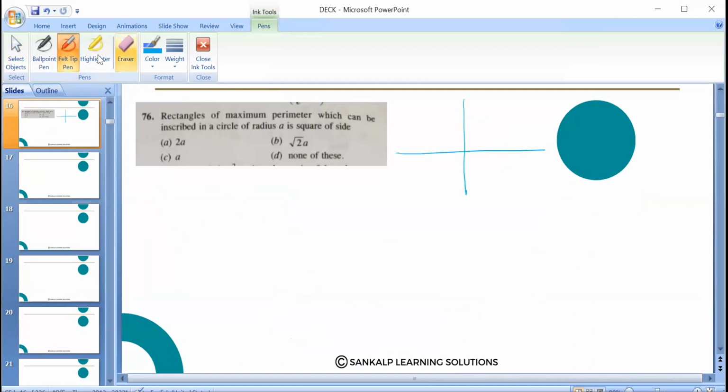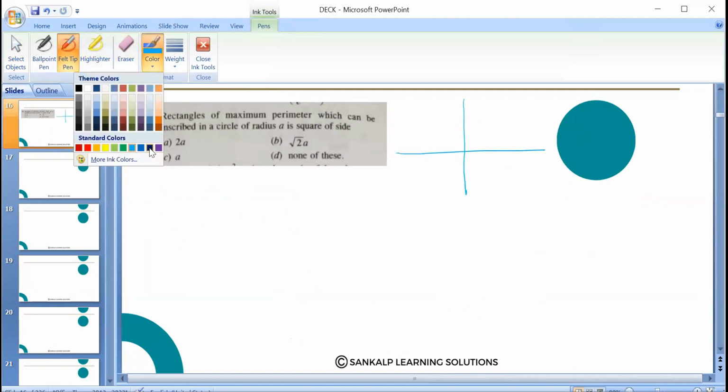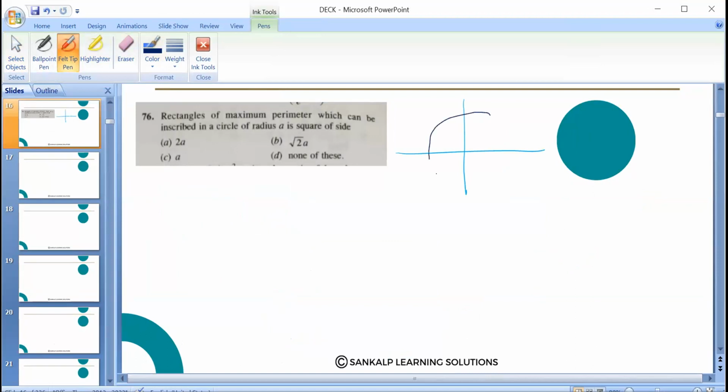So first of all, we will take a circle. Radius is a. Center is origin. So this will be a comma 0. This will be minus a comma 0.